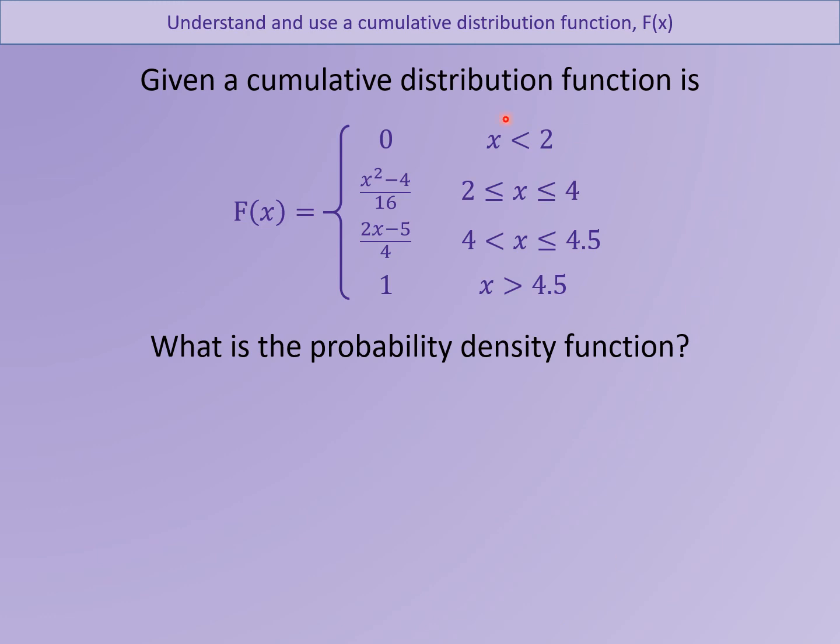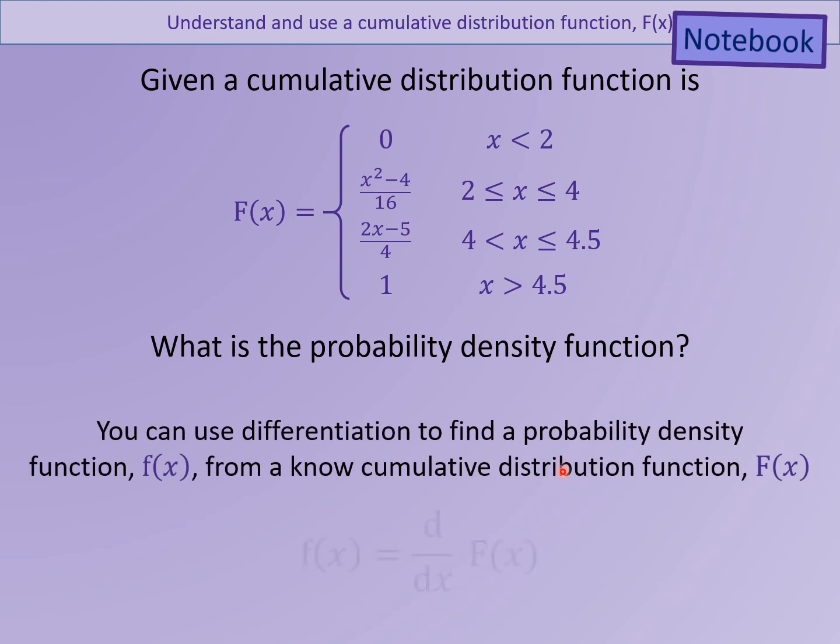So if this is a CDF, and you know how to get from a PDF, probability density function, to a cumulative distribution function, you have to integrate. So if you have to integrate to get from there to there, well, how would you get back, as I've mentioned already, is going to be differentiation. So you differentiate to get back, you integrate to get from a PDF to a CDF.